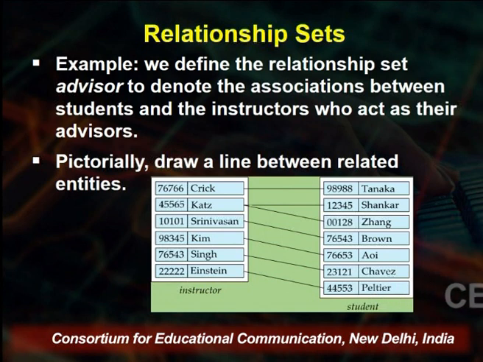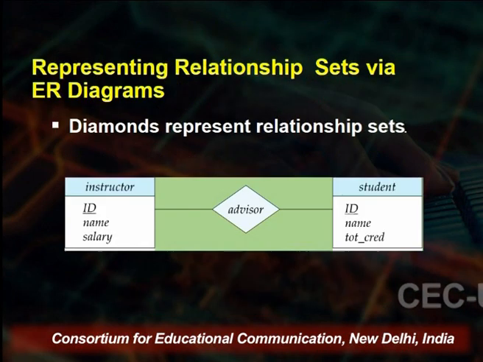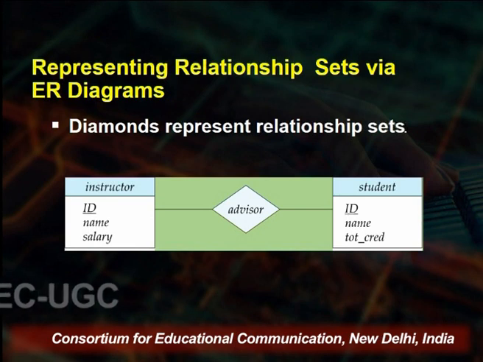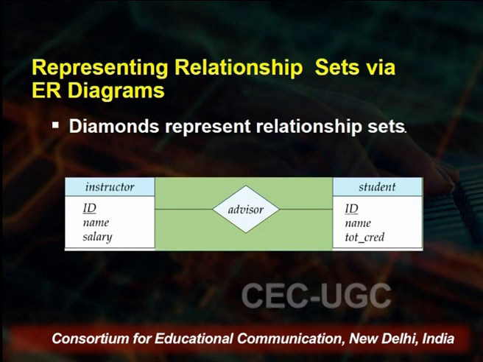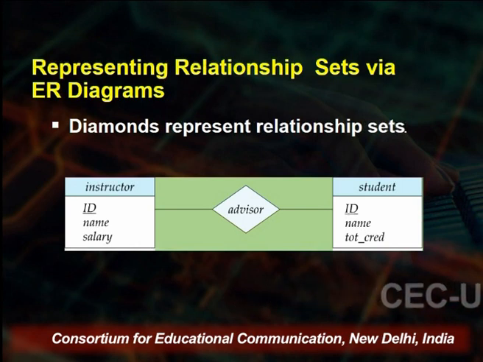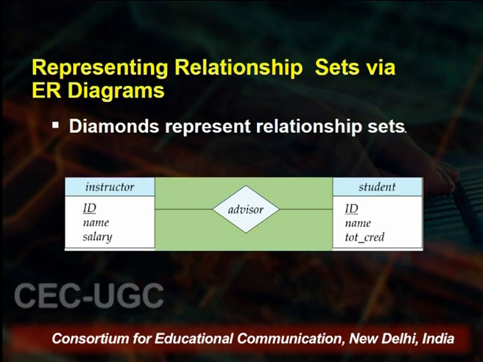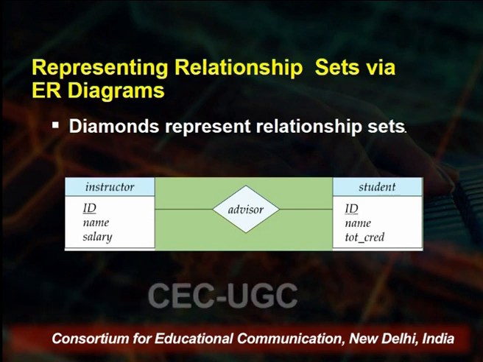This figure was there just to explain, but in a formal setup, when we try to show the relationship within an ER diagram, it will be shown like this. Here we have an instructor with ID, name and salary, ID being the primary key. Then we have a student with ID, name and total credit, similarly student ID being the primary key.